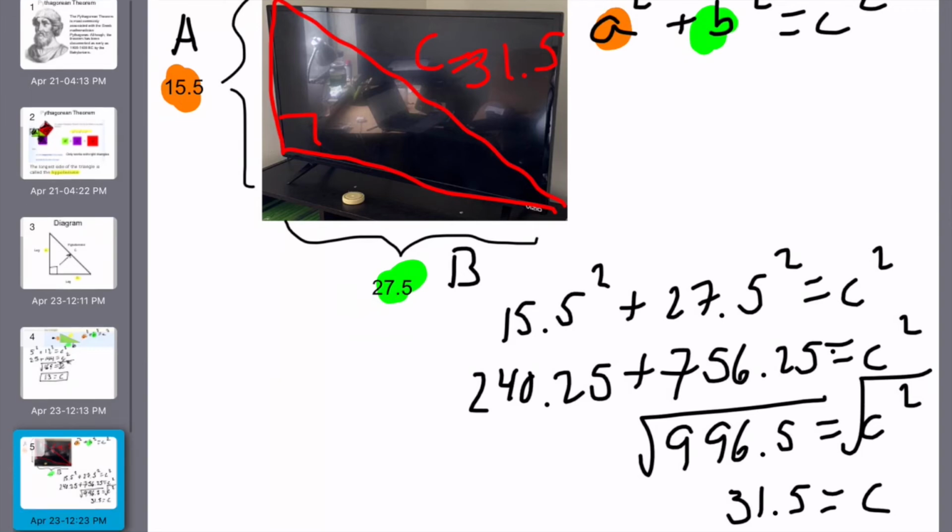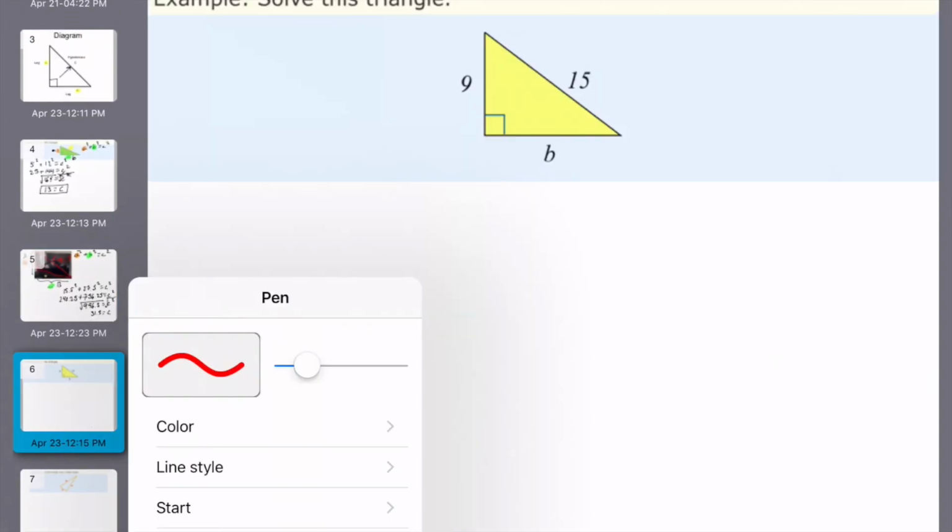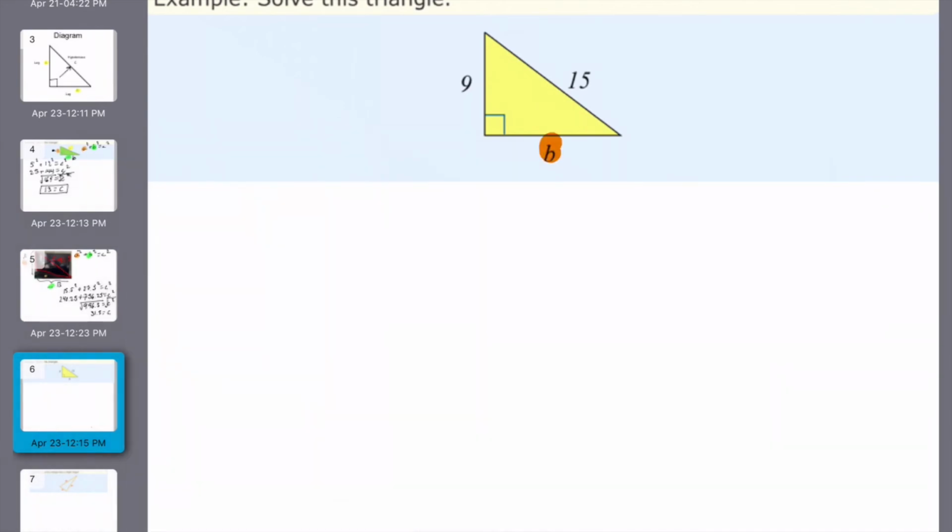Okay? Let's try this another time when we're not solving for the hypotenuse, when we're solving for one of the legs. In this case, I'm trying to solve for b, one of the legs. I don't know what it is, but I have my side length a because it's one of the legs, and I also see that I have the longest side over here, which means that 15 has to be my c.